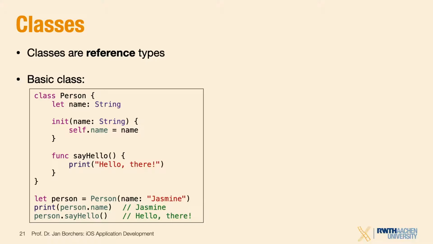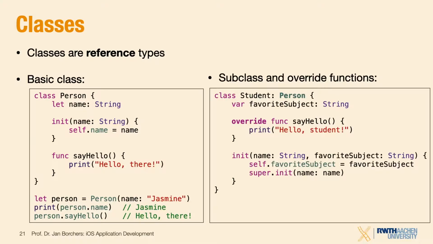This also shows how you override functions, right? Classes support inheritance, and that's one thing structs cannot do. Structs do not support subclassing. Structs are just their thing, and if you need a subclass of something else, then you need to go with classes. So here we see the typical way of doing subclassing.